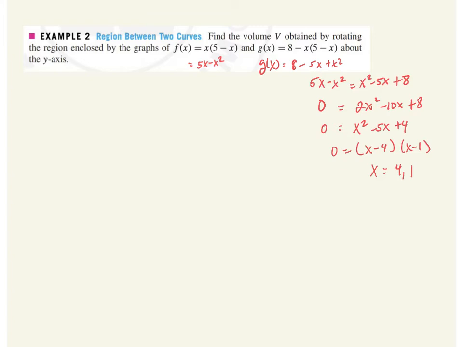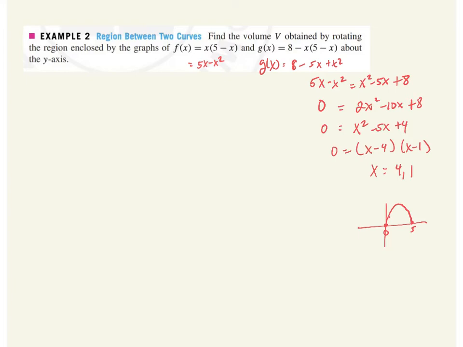Okay. Without going to my graphing calculator, I just want to get a quick visual of what this is going to be. And most importantly, I need to acknowledge what's above and what's below. So if I have points of intersection at 1 and 4, the first function, f of x, is in intercept form. So I know that I'm at 0 and 5, respectively. I know that I'm opening downward, so it's got to be something along those lines.